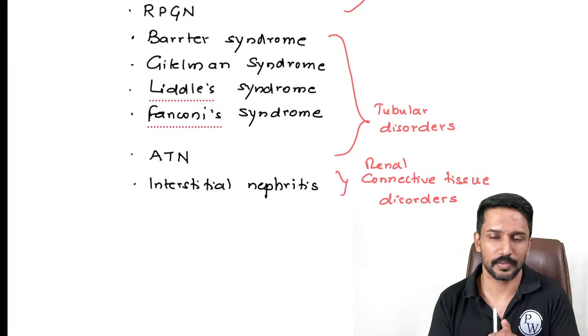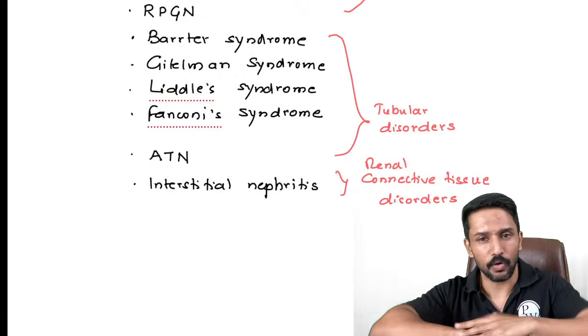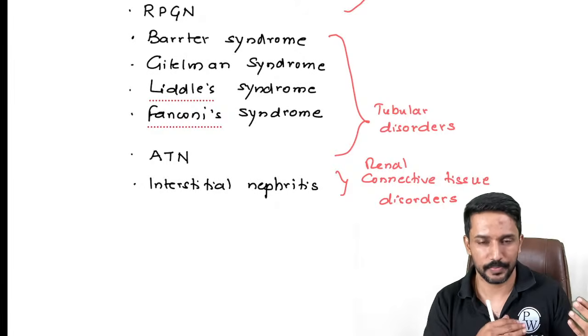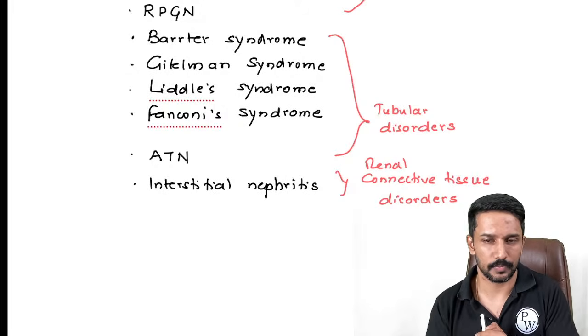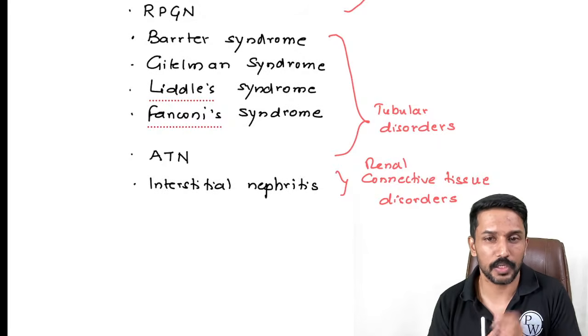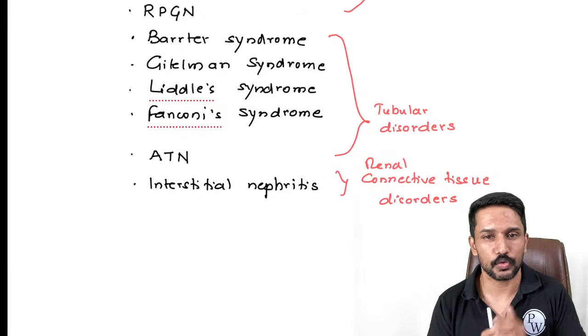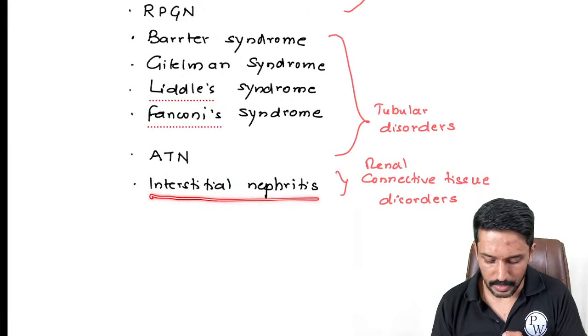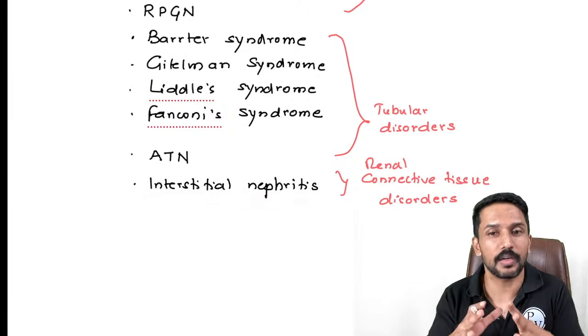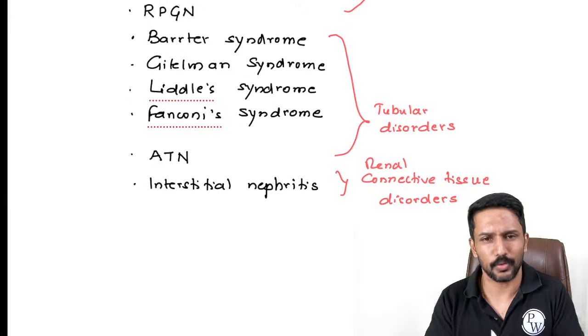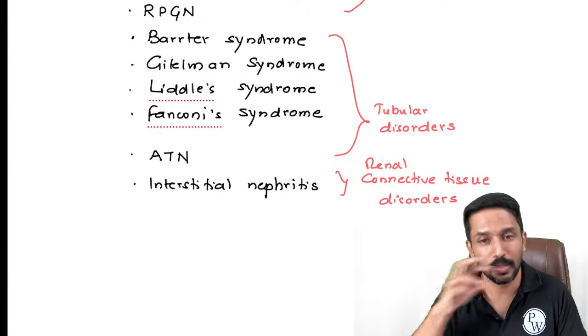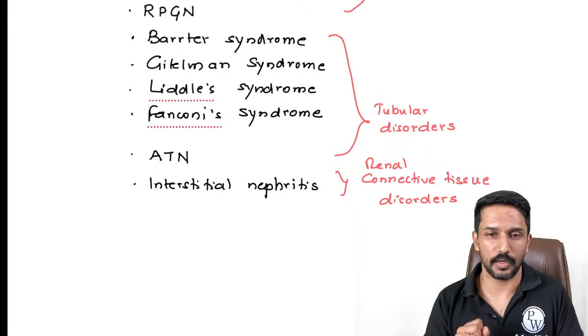So how will they present? Patients often have the allergic rash, along with renal dysfunction. And whenever allergy comes to mind, which cells should come to our mind? The eosinophils. So here the kidney's interstitium or connective tissue is infiltrated by eosinophils, because whatever drug we are allergic to is also filtered in the glomerular filtrate.